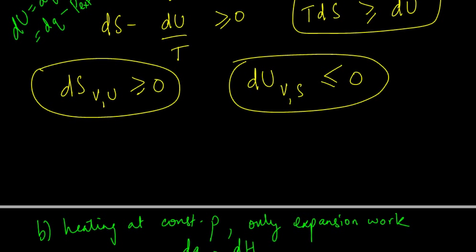And that's what we do, right? Delta S system plus delta S surrounding is greater than 0, or minus dQ by T, because that is the heat that has been taken from the system to the surroundings. Q is the heat taken from the system to the surroundings, so minus Q is the heat that goes to the surroundings.